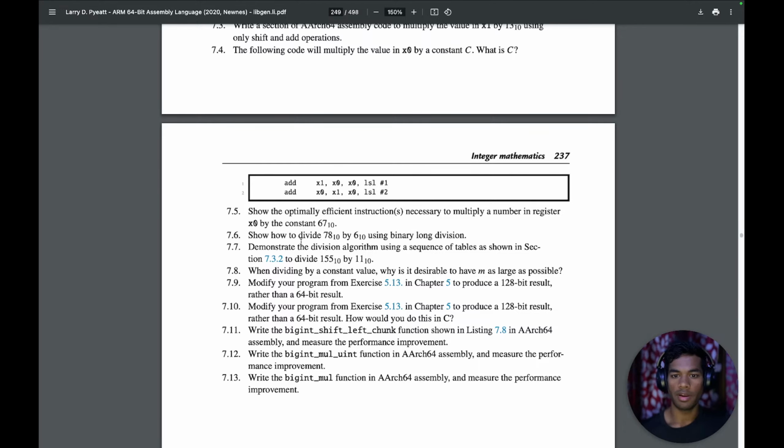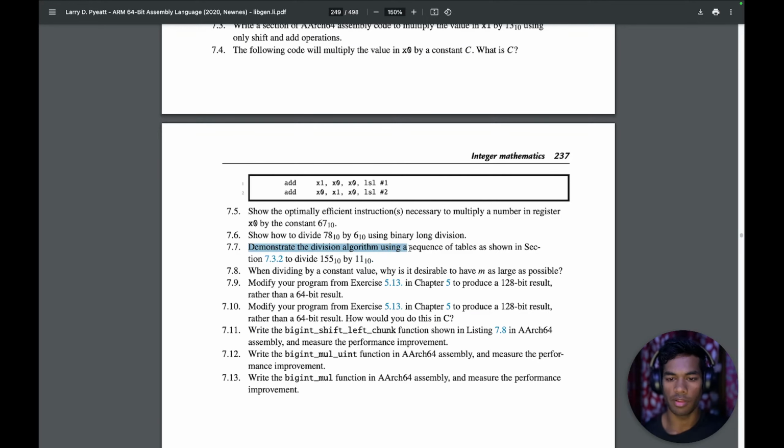Binary long division, 78 by 6. What would happen? I can write an algorithm for that easily, the divide and minus algorithm. Demonstrate the division. Okay, I will write the algorithm in the next question.